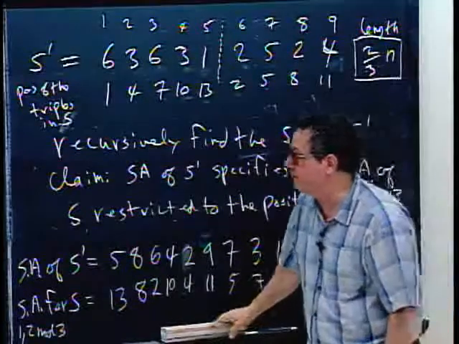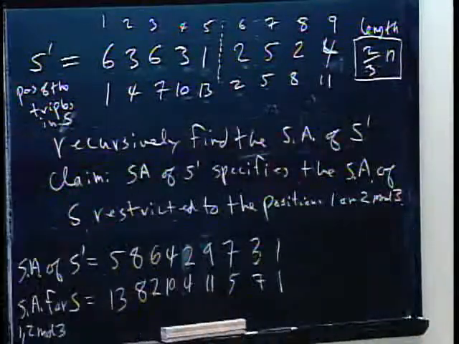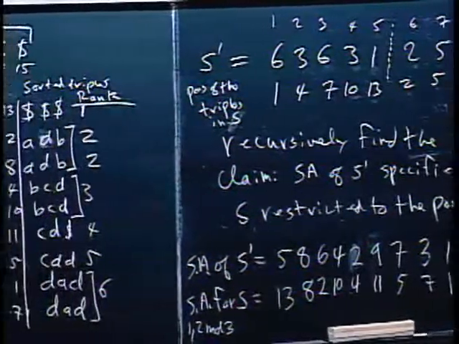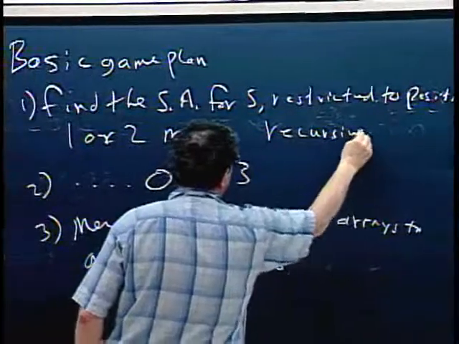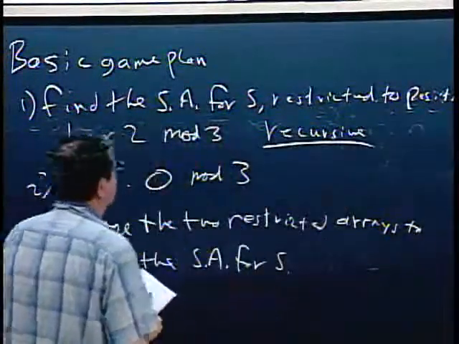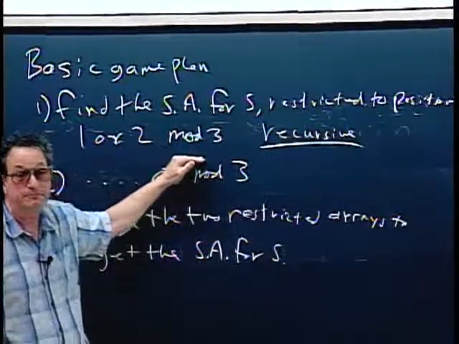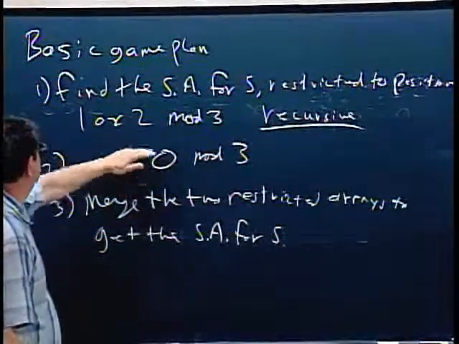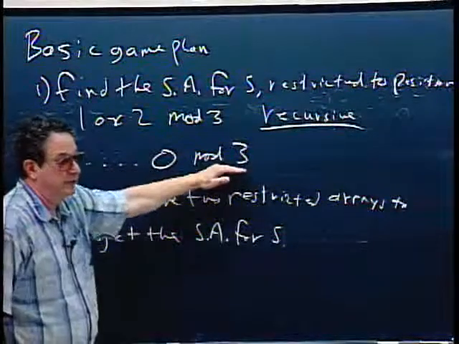Okay, so I've told you how you're going to do this, at least recursively. You're going to find the suffix array of S restricted to positions 1 or 2 mod 3. Now, how do we find the suffix array for position 0 mod 3?